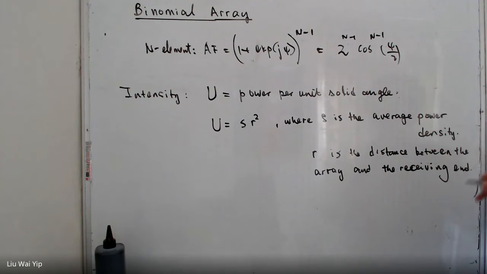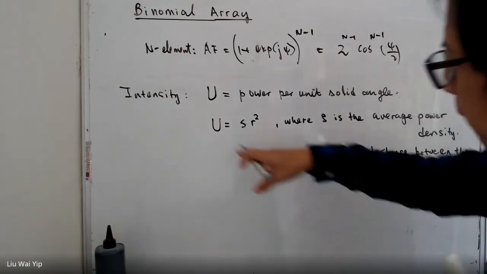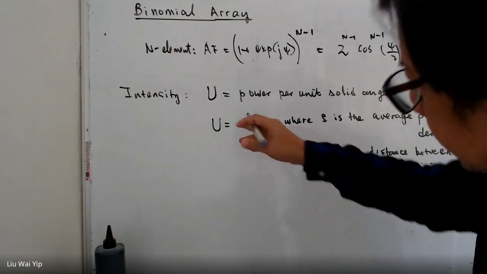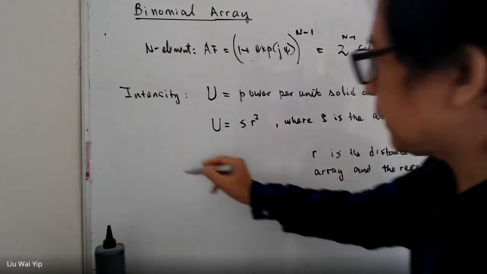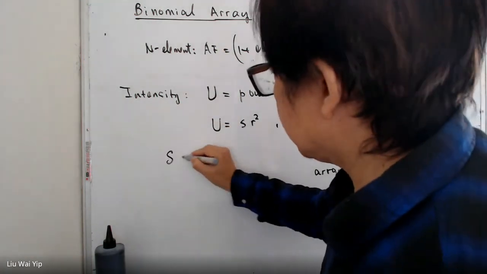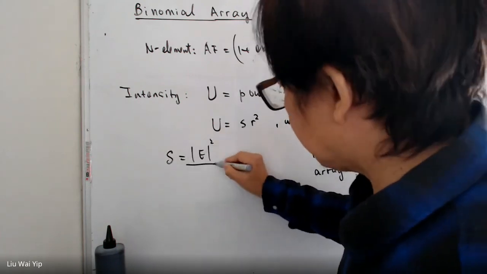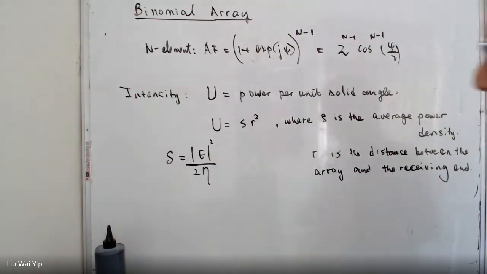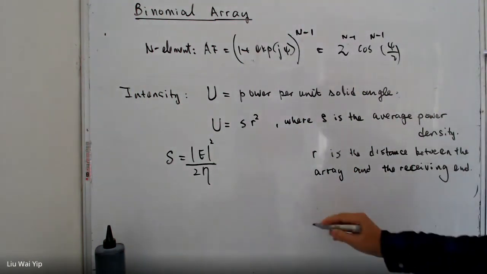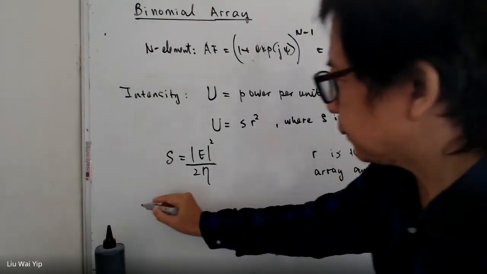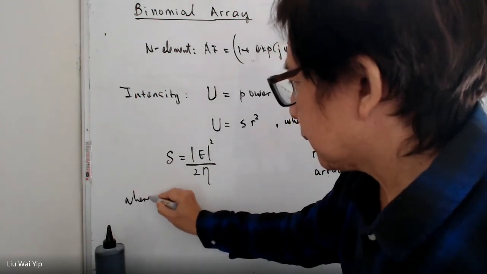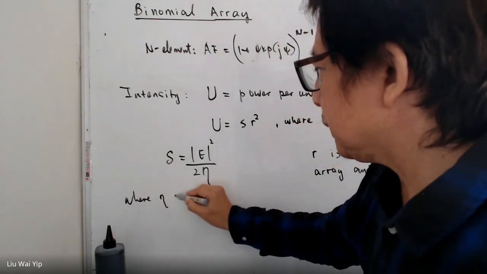And now we are going to find out what they are. And S, first of all, S, by definition, is going to be the magnitude of the electric field squared divided by 2 eta. The eta is the characteristic impedance.